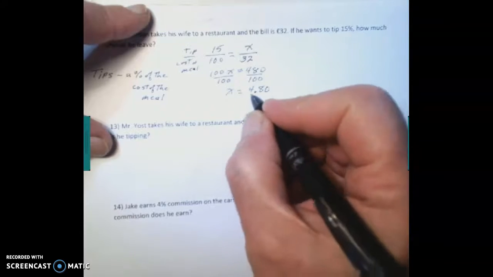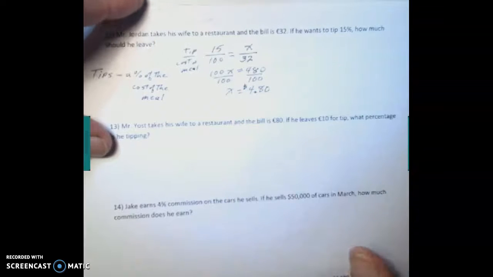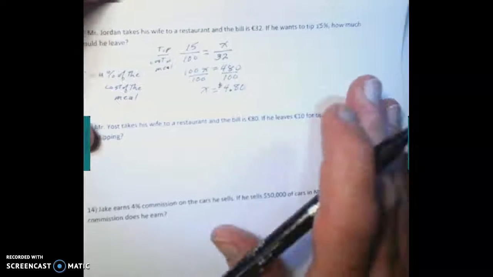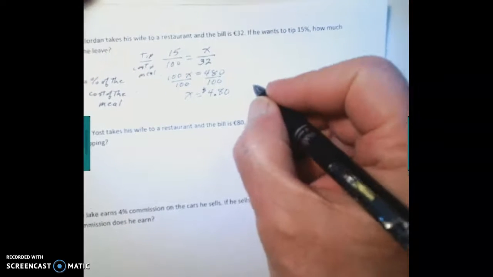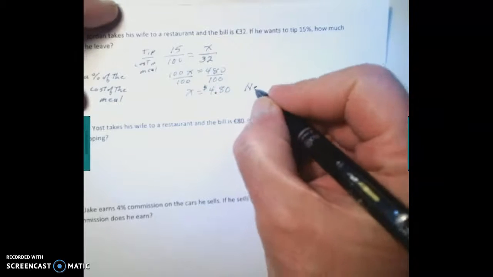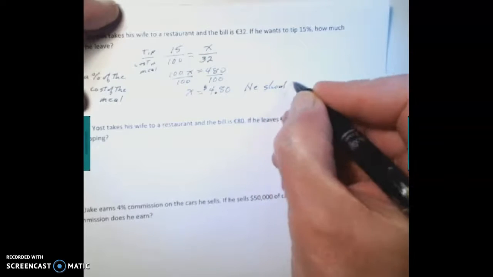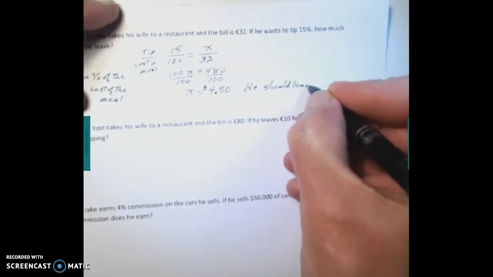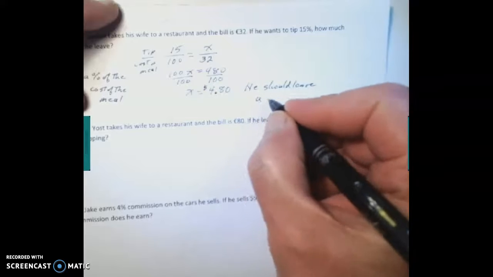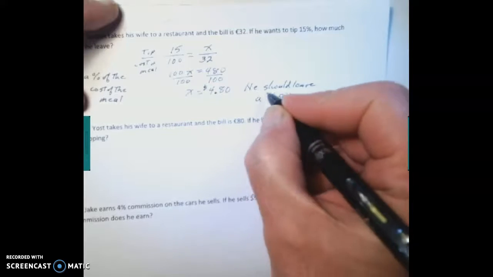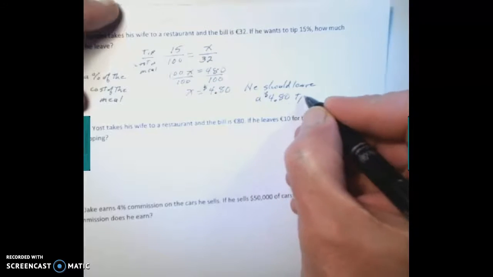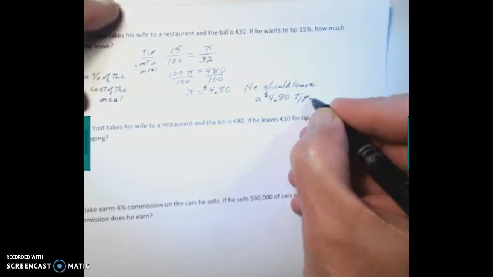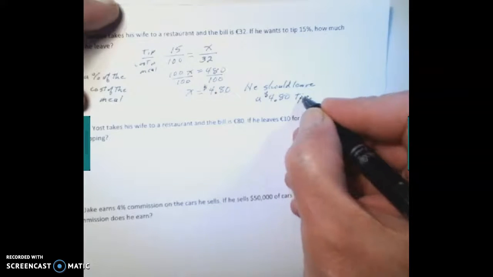Go 2 decimal places. He would be leaving a $4.80 tip.